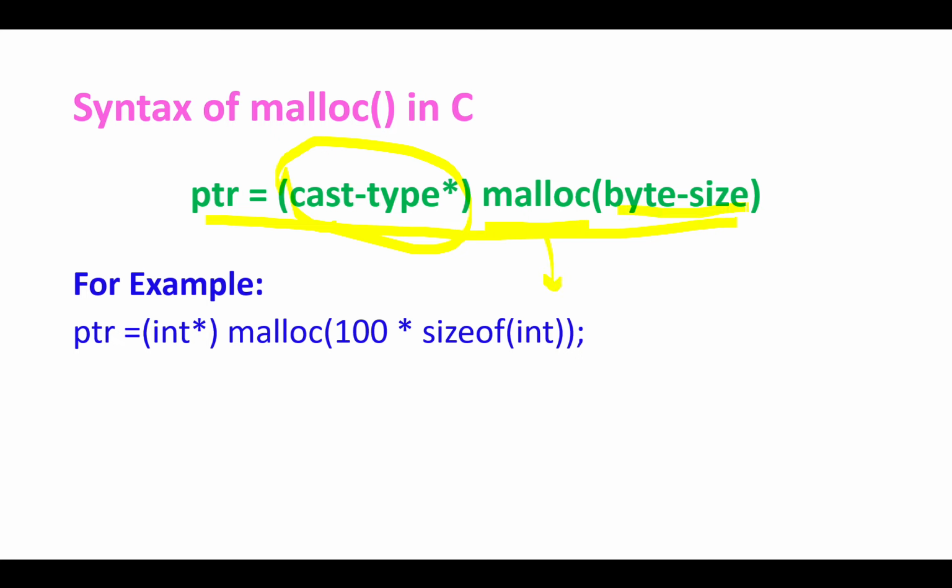Byte size is given using the keyword sizeof. It's mandatory to use the sizeof keyword for our data type. So sizeof int; if you are using float in your program instead of int, the size of that float will be allocated in your memory. So this is the syntax for malloc.